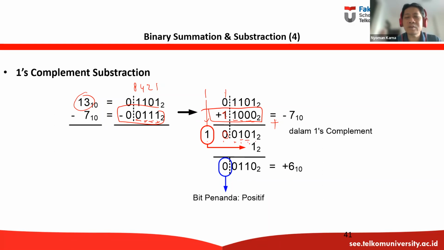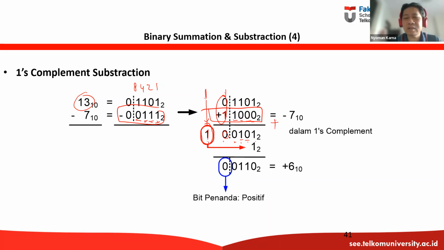But because this one is one complement, if there is a carry at the last addition of the sign bit, we still have the carry, which is 1 in here.